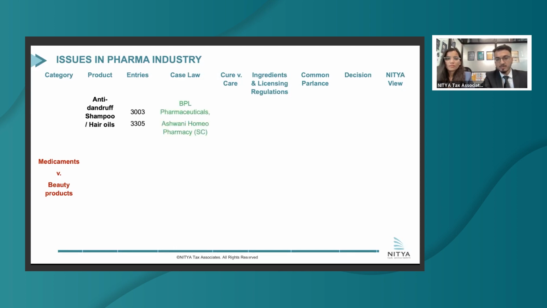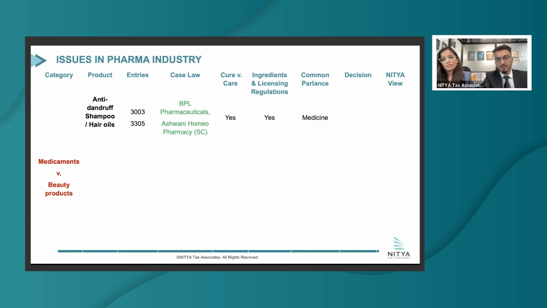In the case of BPL Pharmaceuticals, the department was disputing that the quantity of medicament, that is selenium sulfide, is only 2.5%, so the product will not qualify as a medicament. However, the Supreme Court applied multiple tests in this case: the product has curative properties, the ingredients were as per the licensing regulations of the Drugs and Cosmetics Act, and the product is also known in the market as a medicine only, that is selenium sulfide solution.